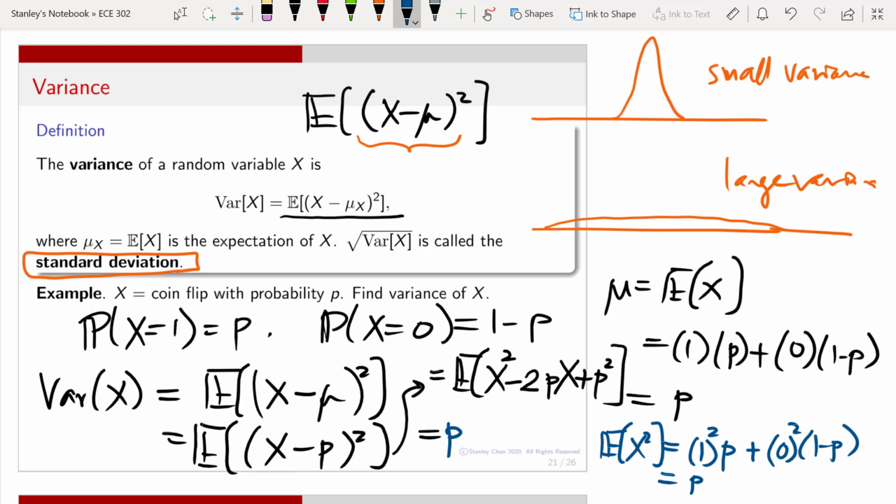So I have p minus 2p times the expectation of x, which gives me another p, and then p squared. Ultimately I will have p minus p squared. So this is the variance of this random variable x.